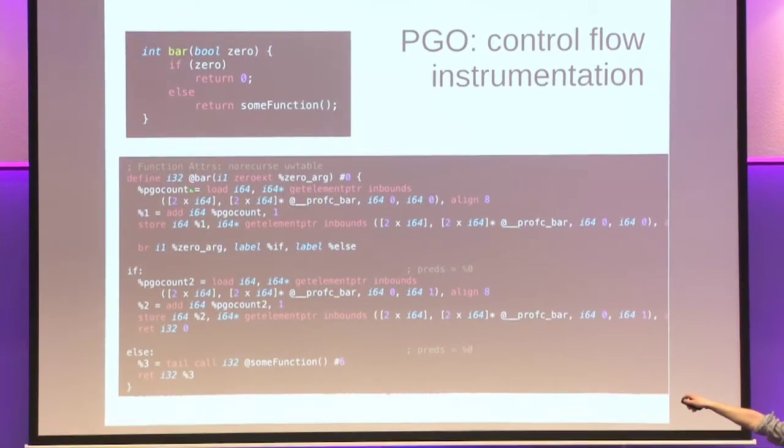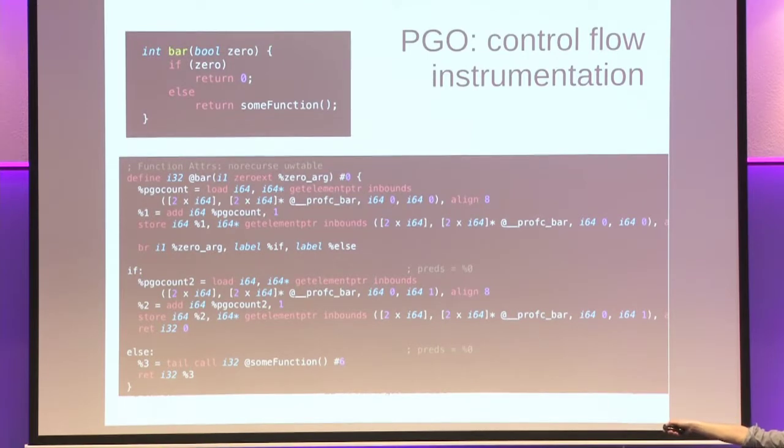First thing that it does is these 3 instructions, which is loading a PGO counter. It's a function counter: how often is this function called? So we load a piece of memory, add 1 to it, and then store that same value again. It's a counter of how often the function is called. Then this is the actual decision. We branch off on the value of the arg0 argument, either to if or else.